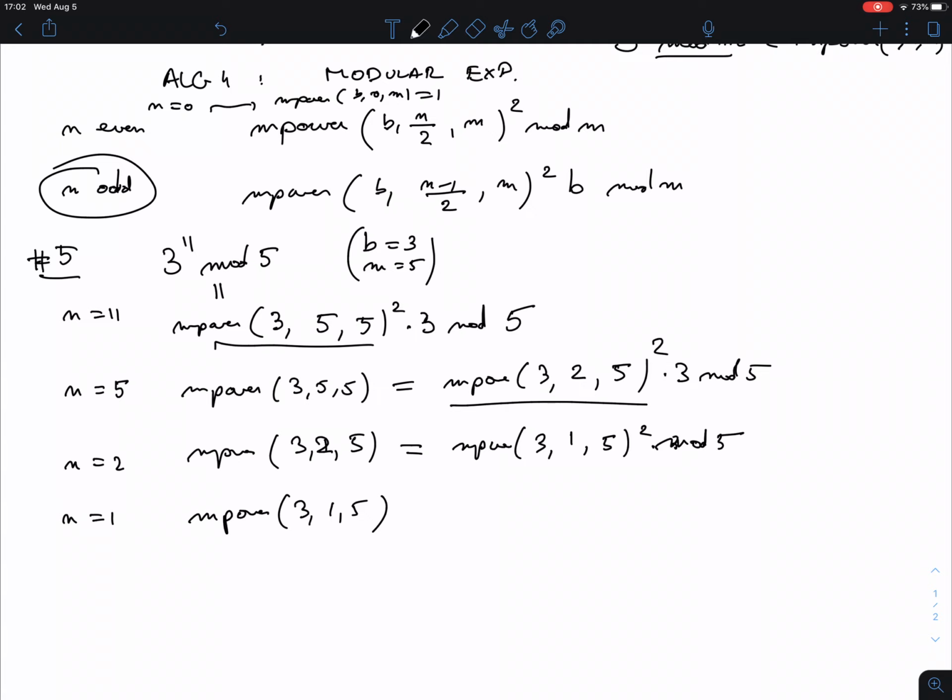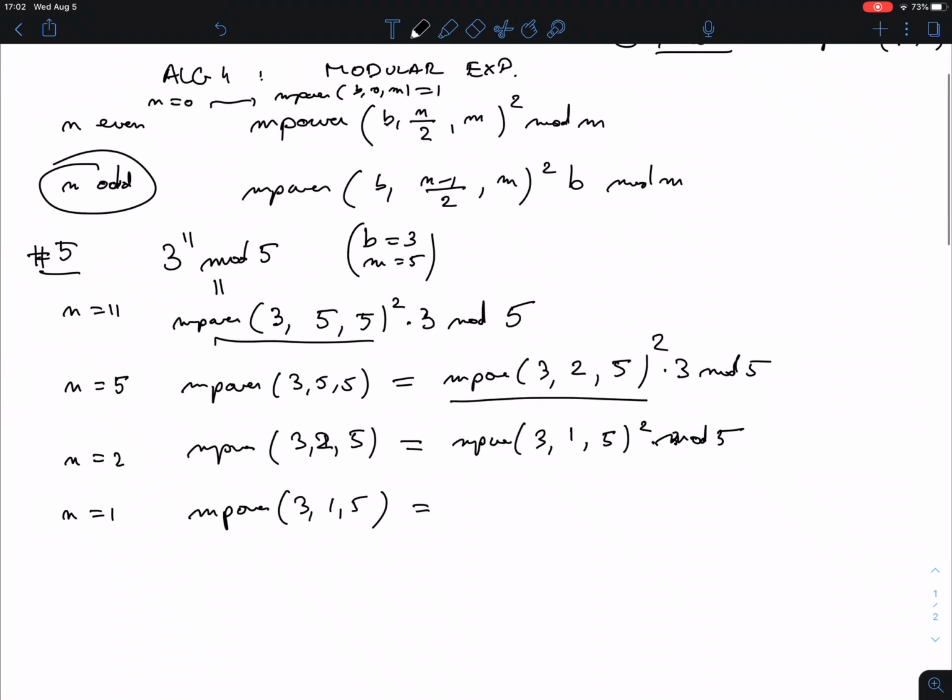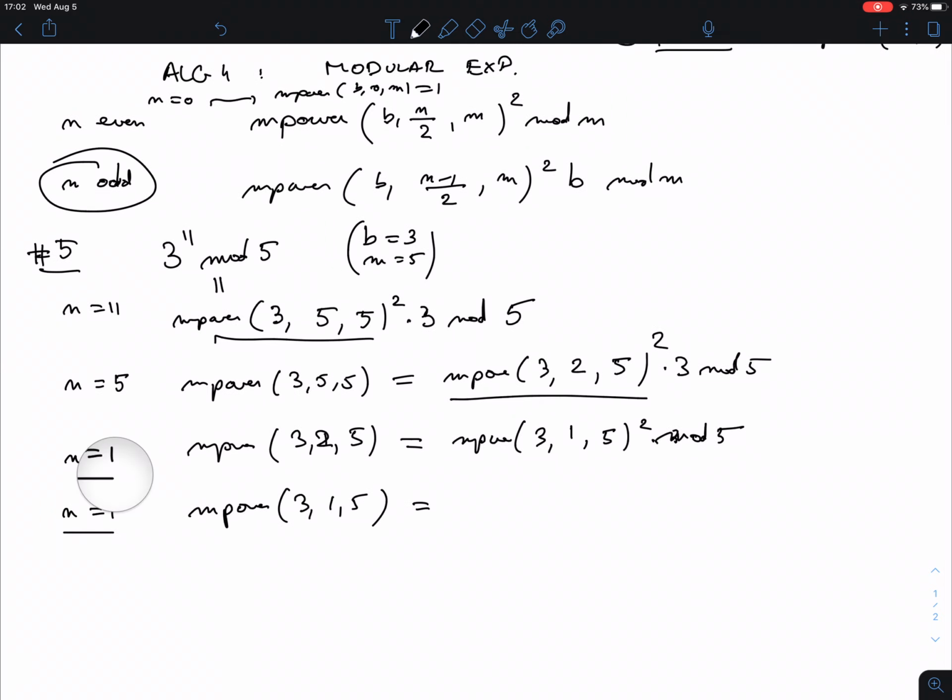You could have added in this clause: if n is 1, then m power b 1 m is just b mod m. But this is not necessary because we are in the odd case, so we are doing this step here. And notice that the exponent now becomes 0.